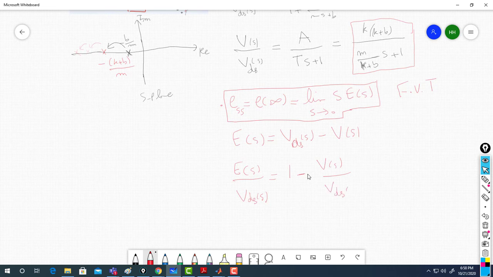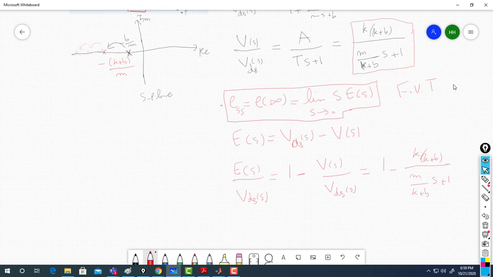And why am I doing this? Simply because V over V desired I already calculated. I have it here. So this is 1 minus k over k plus b, over m over k plus b s plus 1.